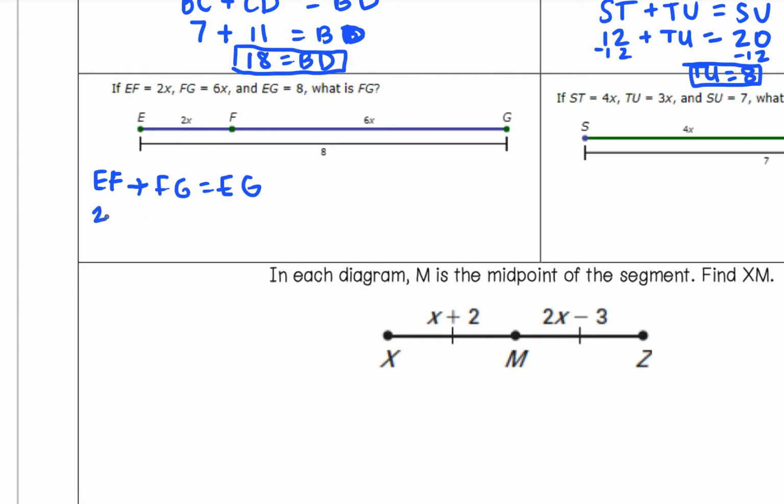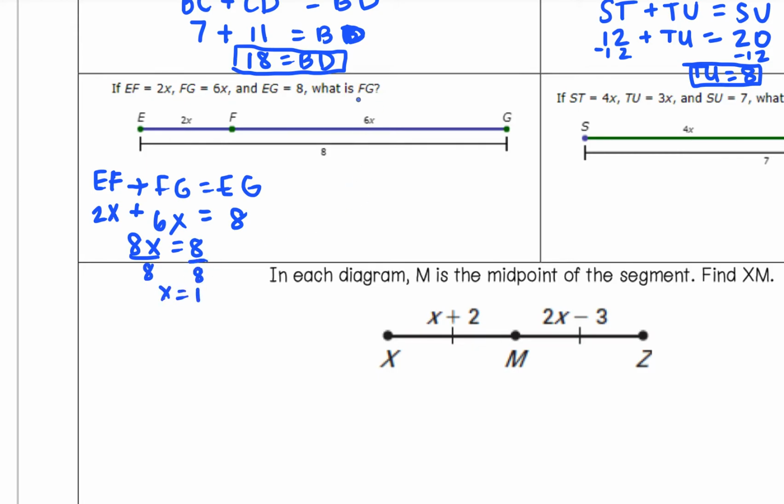So we know that EF is 2x, we know that FG is 6x, and EG is 8. 2x plus 6x is 8x equals 8. We solve for x by dividing by 8 on both sides, so x equals 1.